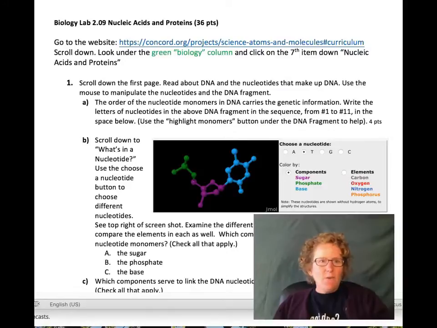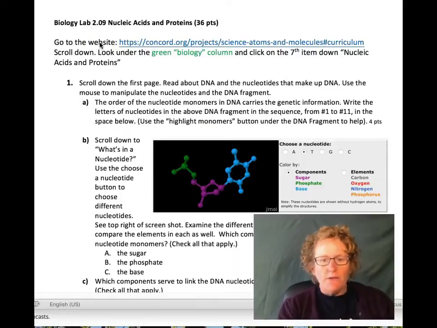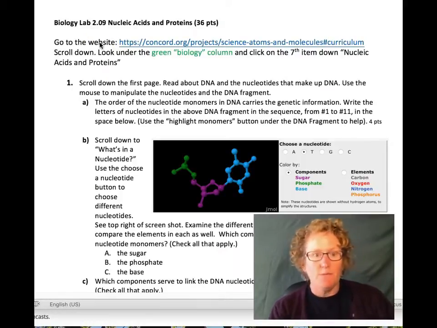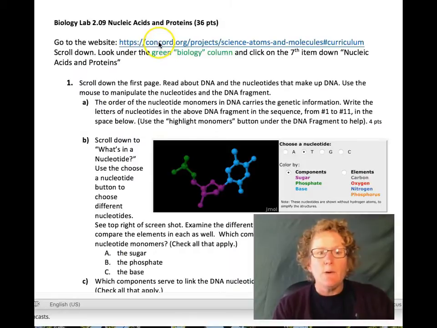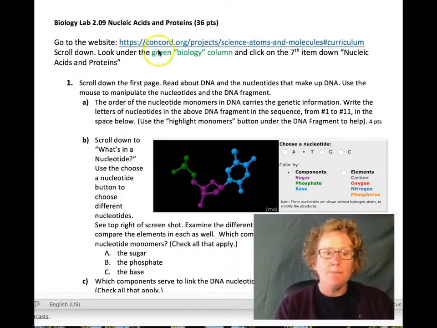So now that we've got that out of the way, let's get started with the simulation. Okay, we're going to start lab 209. Here's the lab sheet. It's at the bottom of the 208 lab sheet, so just keep scrolling down. Here's the website to click to get the application that you need. It should run with the same launcher that you launched lab 208 with.